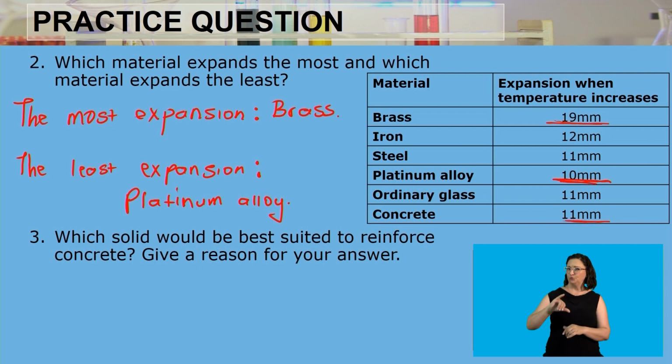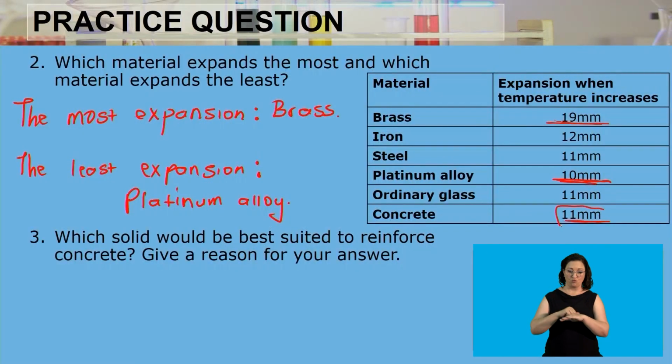So which one is suitable for us to use in order to reinforce our concrete? We need something that expands slightly bigger than the concrete. If concrete expands at 11, the one that is most suitable to use to reinforce our concrete would be the iron, because its expansion is slightly above the concrete. So therefore, the one that you're going to be using is iron.